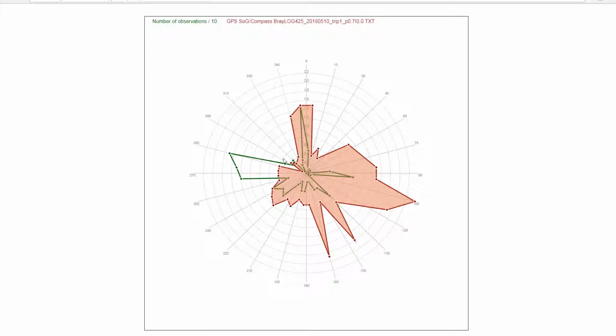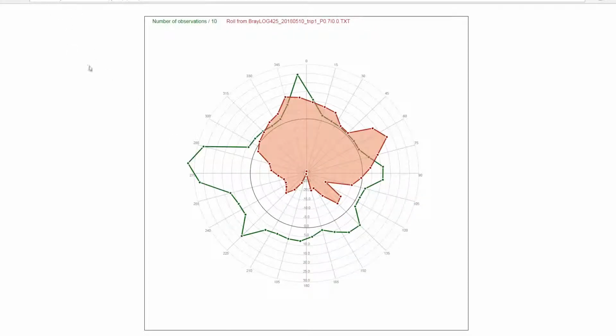And as you can see from the green line, we have far fewer readings. I've got only in total 162 readings. So I think I prefer this method. And I think I'll analyze a few more logs to see how satisfactory it is in different circumstances.